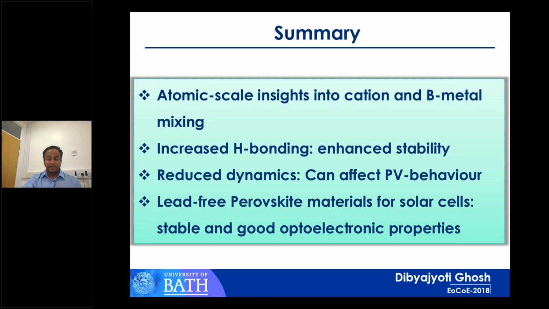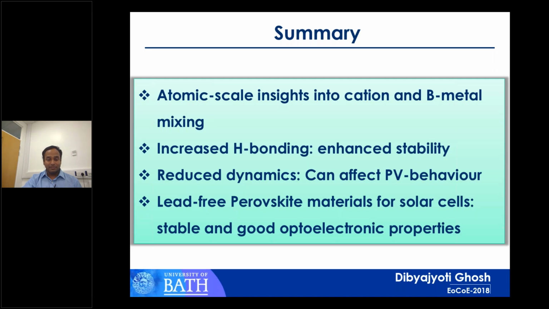We have found that these substitutions, or chemical composition engineering, can really affect the structure as well as the electronic and optical properties of the perovskites. With compositional engineering, we can increase the hydrogen bonding that can enhance the stability. This is another factor which we can really look into to find another way to stabilize the perovskites.